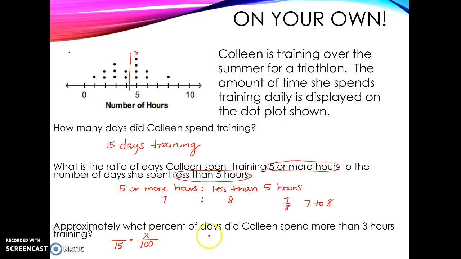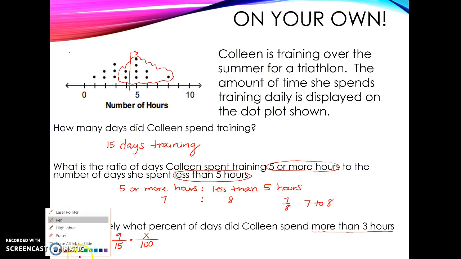So what is the percent that she spent more than 3 hours? So 1 hour, 2 hours, 3 hours. More than 3. Does that include 3? No. Right? So we're going to do this little cloud of bubbles. So 1, 2, 3, 4, 5, 6, 7, 8, 9. So 9 out of 15.